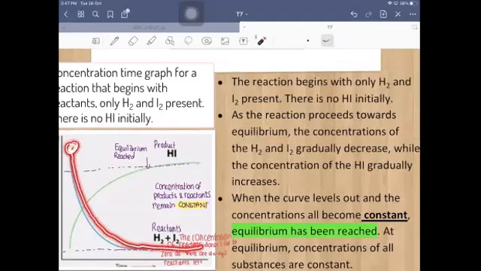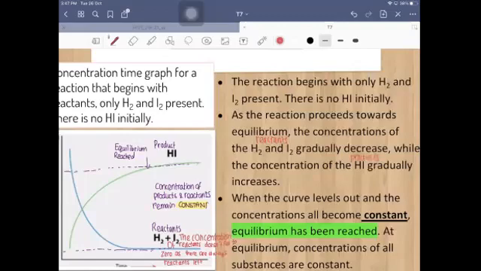As the reaction proceeds towards equilibrium, the concentration of your reactants will decrease, whereas the concentration of your products gradually increases. When the curve levels out and the concentrations all become constant, equilibrium has been reached.